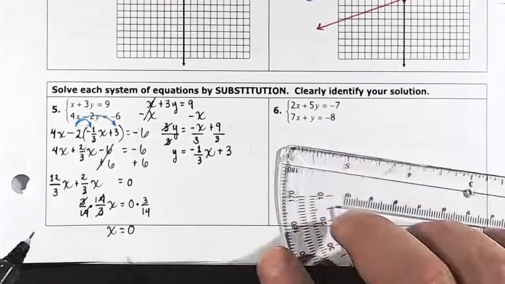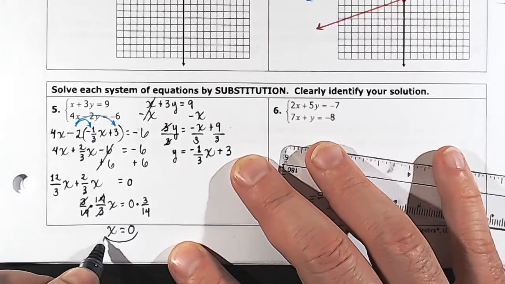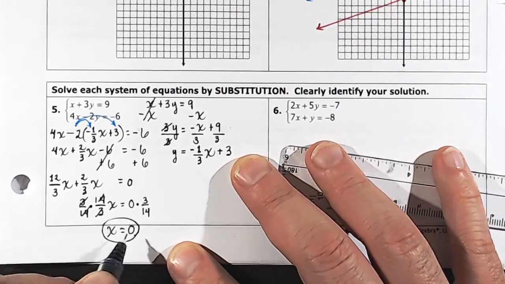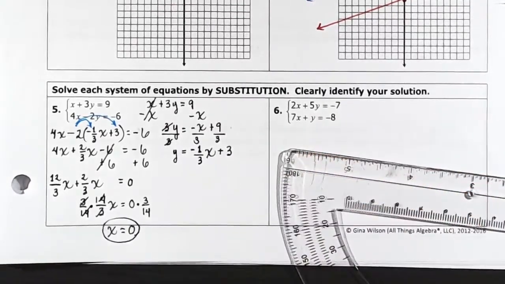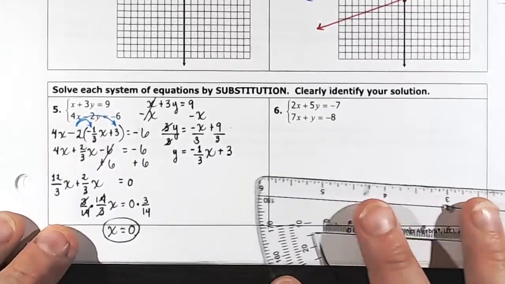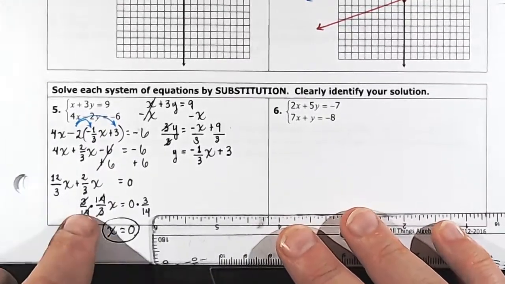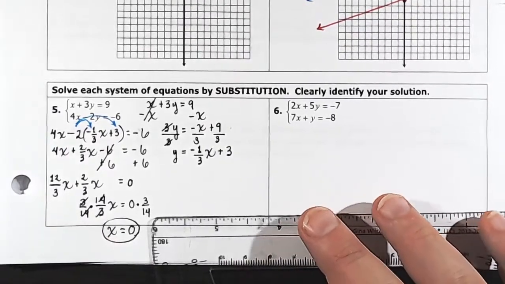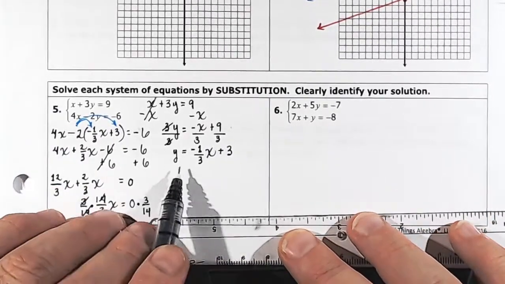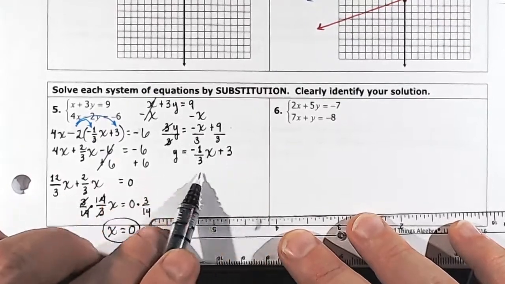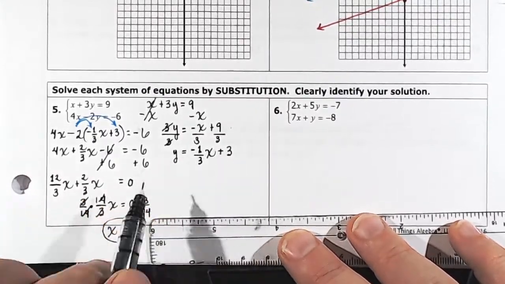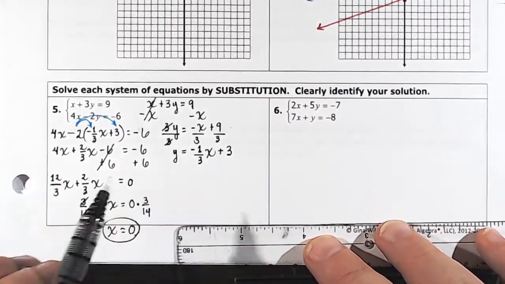So now I have half of my answer. I have the x-coordinate of the solution as 0. And now all I have to do is go plug that back into one of my equations to get the y-coordinate. And it just so happens that I have created an equation that I can use to solve for the y-coordinate.